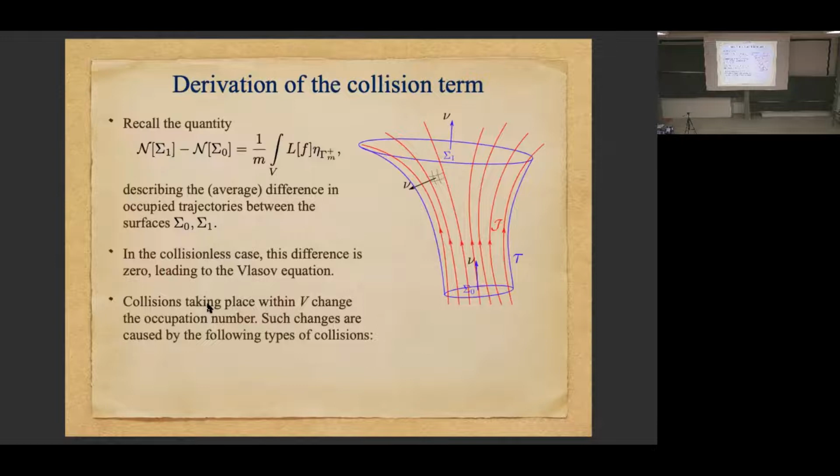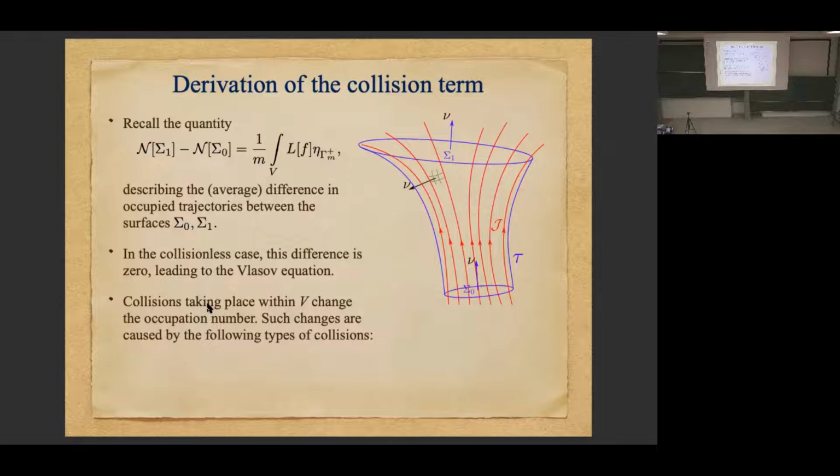All right, now let us go towards the collision term, derive the collision term. For this, I'm going to recall this identity from two days ago. You remember, we are in the phase space or in the future mass shell. We took a 6-dimensional surface here. We let it flow along this current until some time.